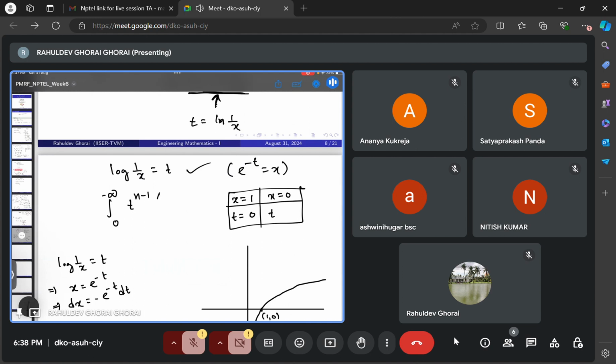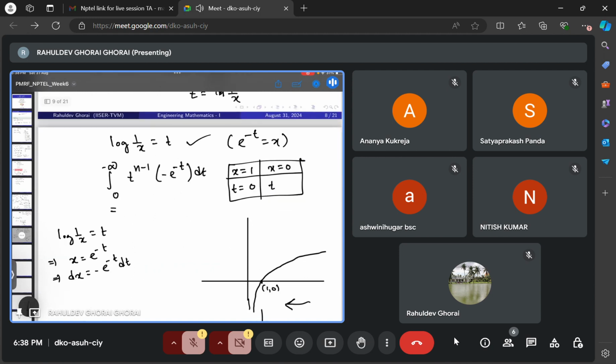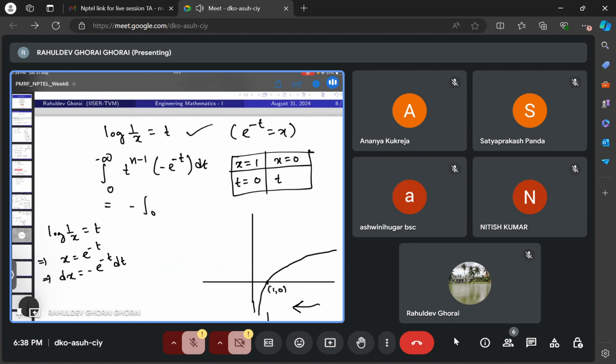So that gives negative of the integral from 0 to minus infinity of t to the power n minus 1 e to the power minus t dt, right?